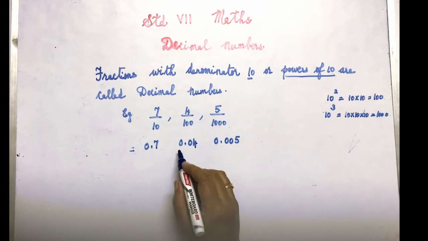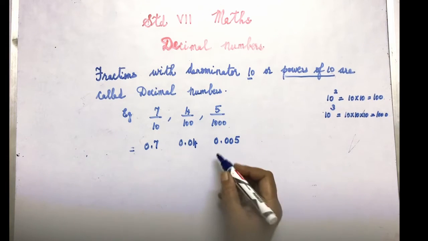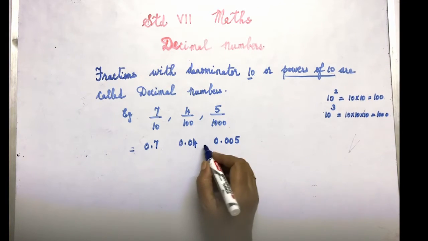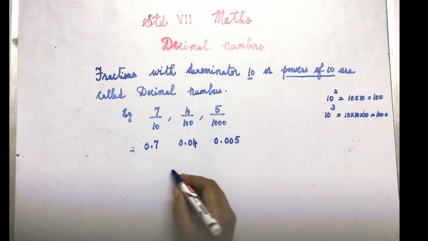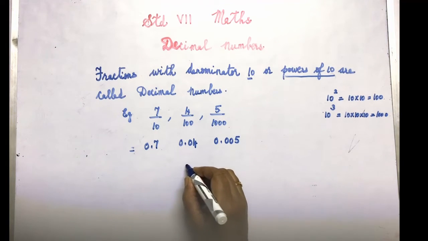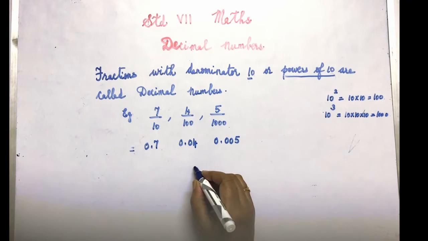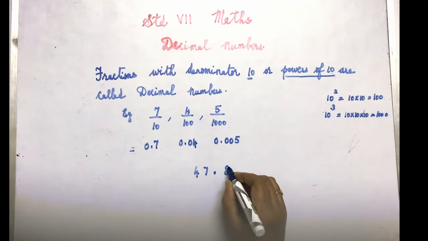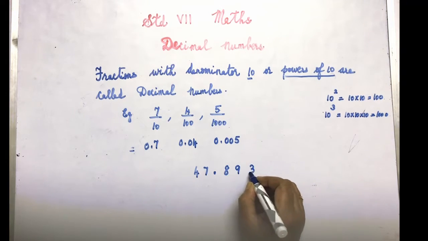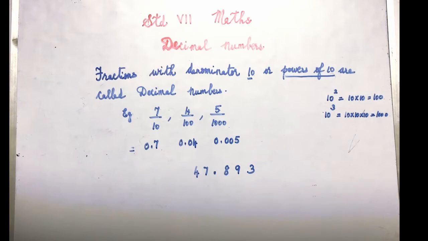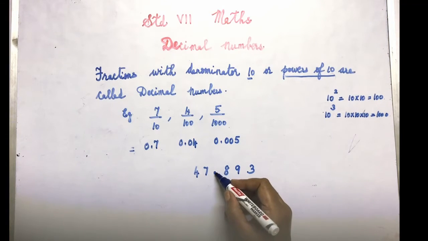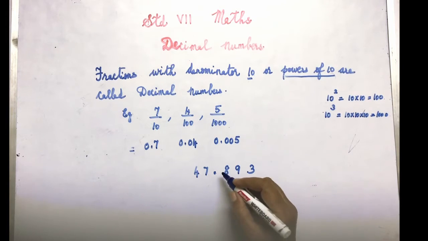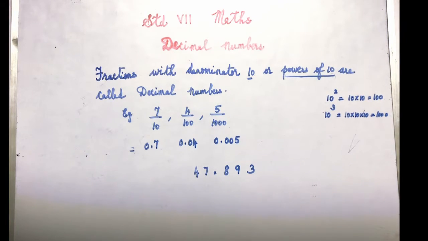Now let us see in detail the place values and expanded form of a decimal number. Now I will take another decimal number, for example 47.893. So this is a decimal number. Why? Because there is a decimal point in between. A decimal number has two parts.